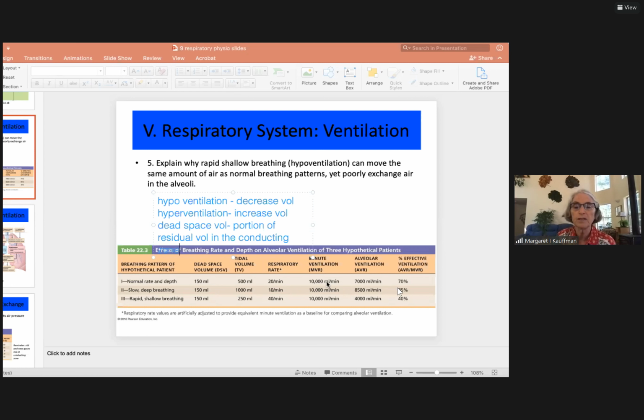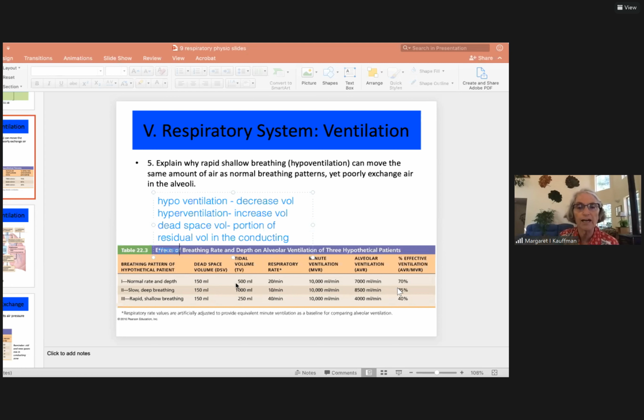Now, as they're breathing, remember they're doing 20 breaths. Each time they breathe, they have to replace all that air that's in their conducting zone. Yes, it mixes with the old air like we talked about, but remember, if they move a certain volume, like 500 mLs in, then 150 of those 500 mLs is left behind in their dead space, in their conducting zone.